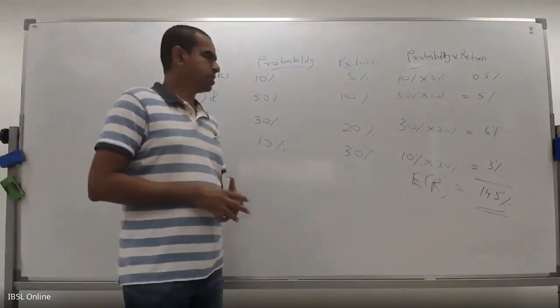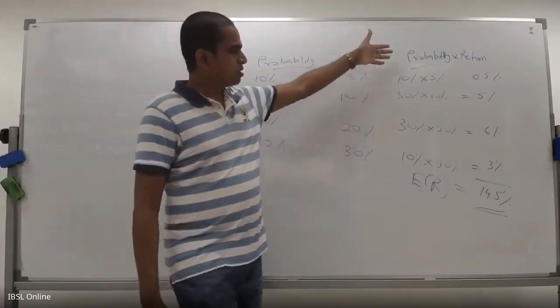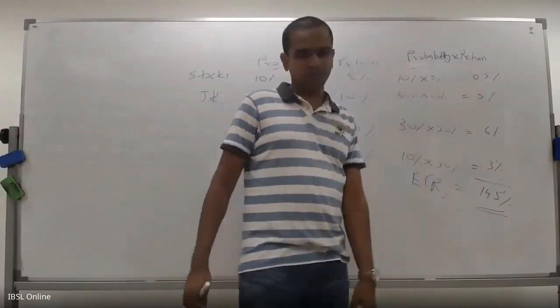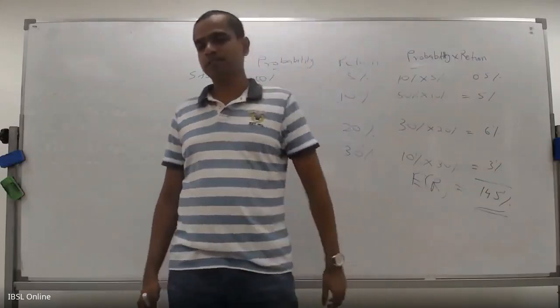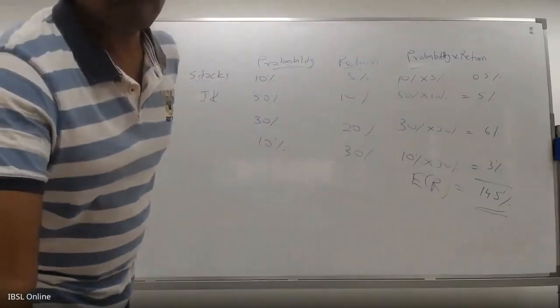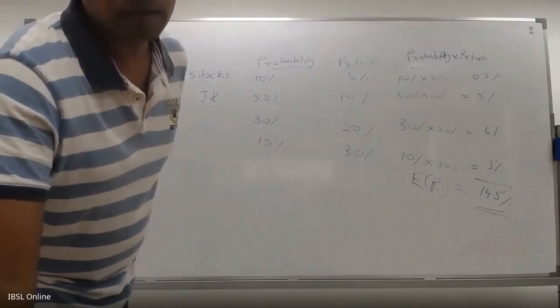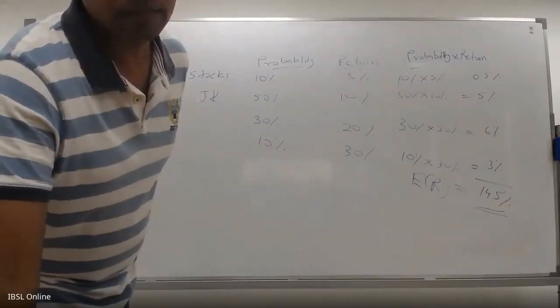Right. That is what it means. Your expected return is the multiplication of probability into your return. It is a total of 14.5% expected return. Right. So that's what this equation tells us.